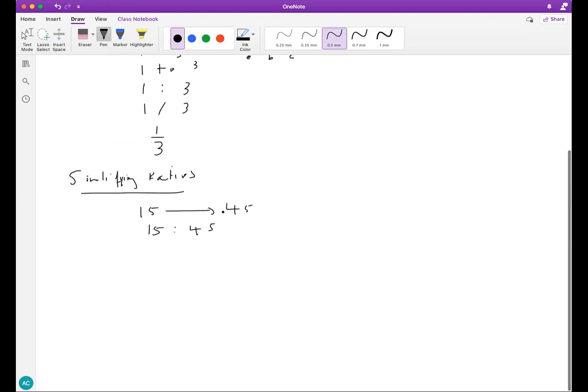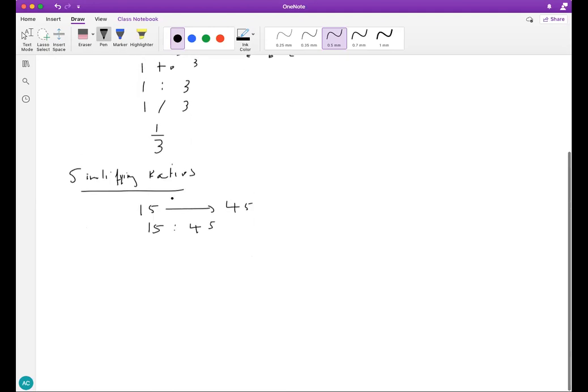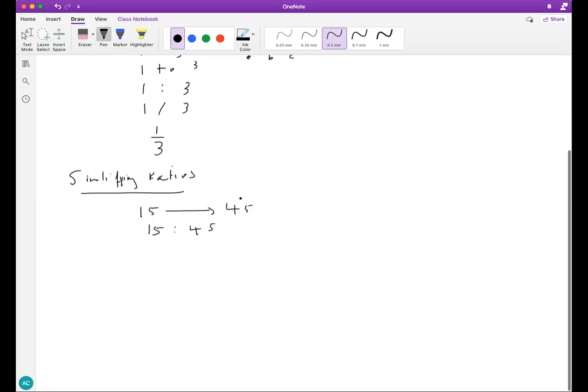So basically what we do is we simplify this. As we said before, we can express ratios as fractions. So you take your ratio, 15 to 45, 15 over 45, and you try to simplify it just like we did with the fractions. We simplified fractions before, we learned how to do that.